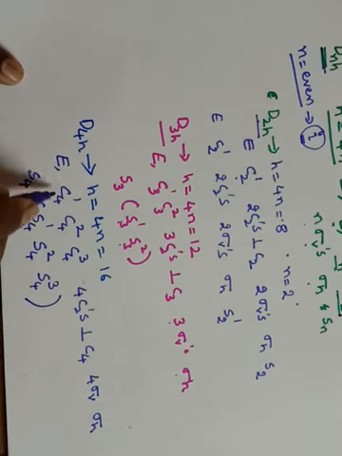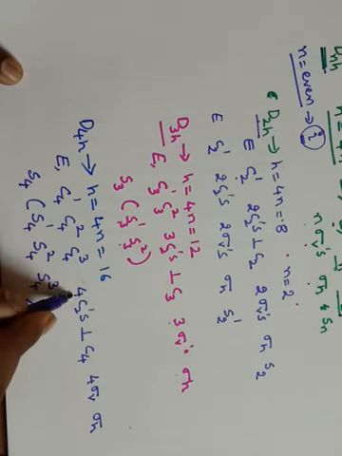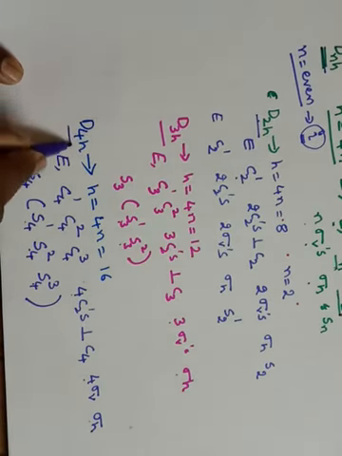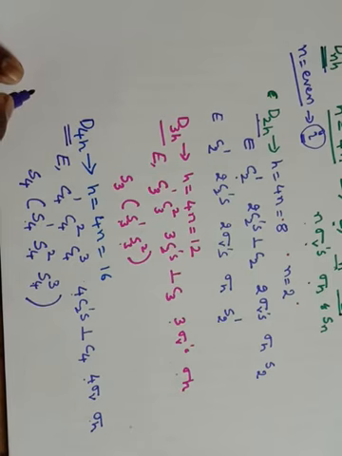So altogether 1, 2, 3, 4 plus 4, 8, 12, 13, 14, 15, 16. So total 16 symmetry elements are there in your D4H point group.